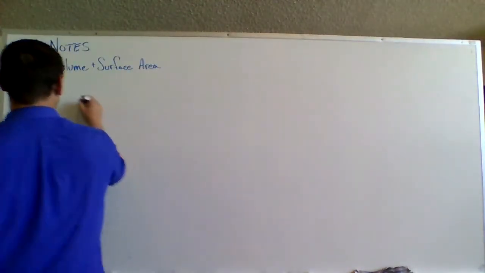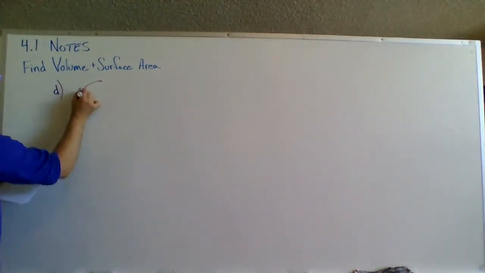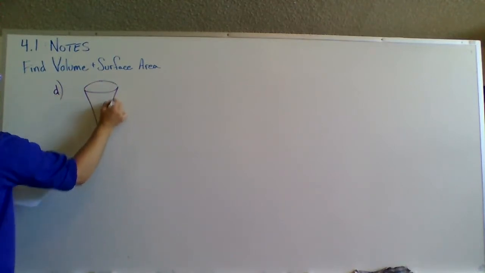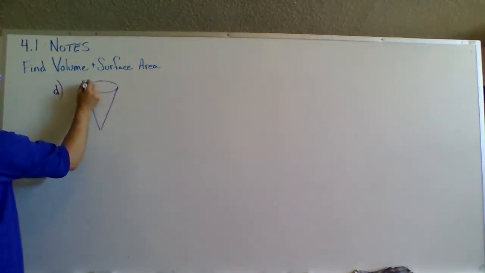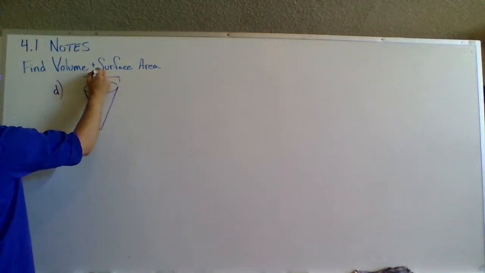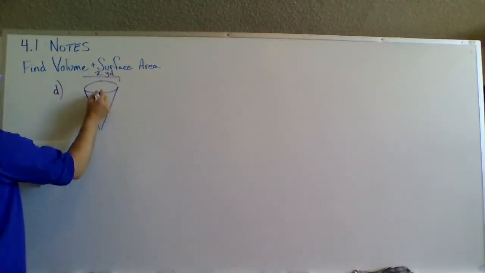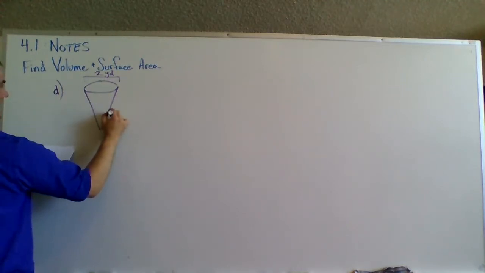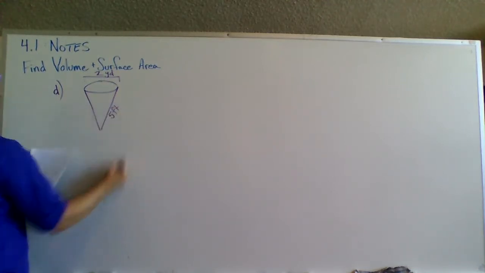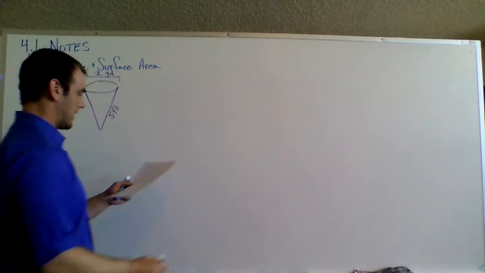Oh, let's see. Oh, we got D here. We're going to do a cone. Okay, the cone, we're going to say this is 2 yards. Oh, we'll give you this side is 5 feet. Okay, we'll do a sphere.